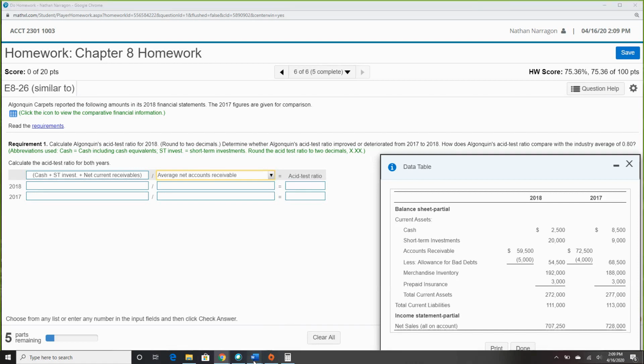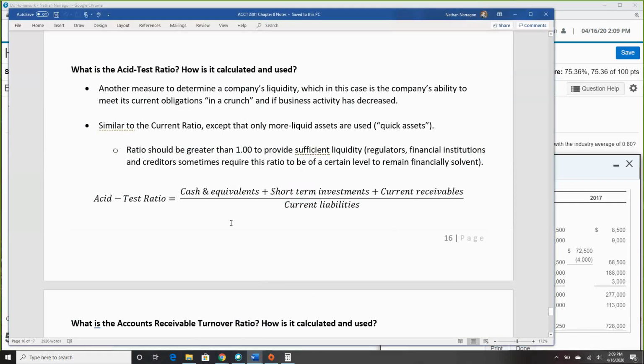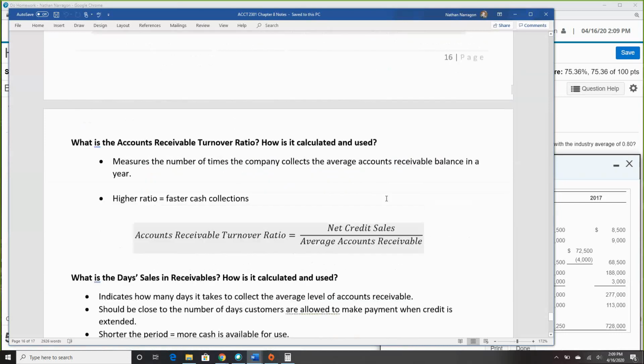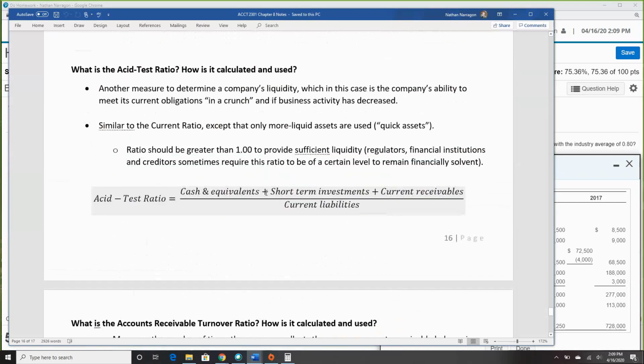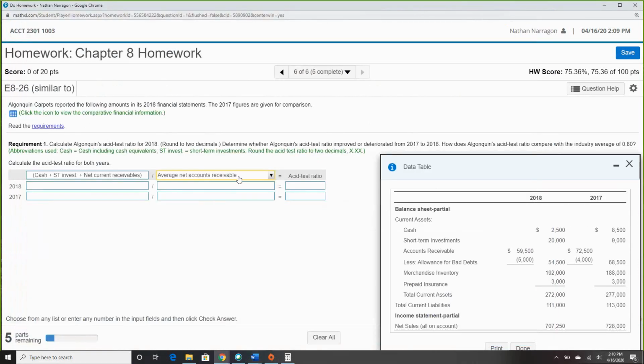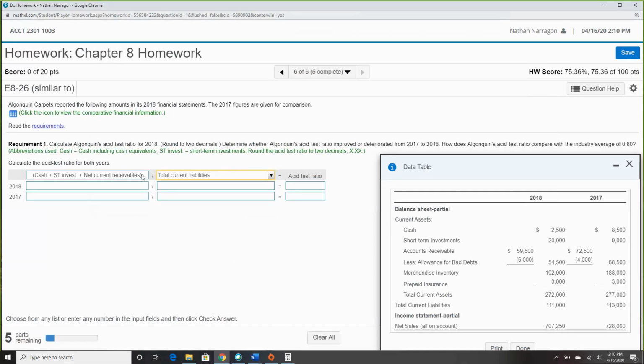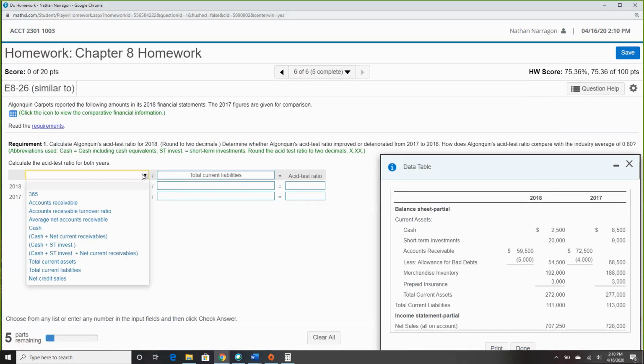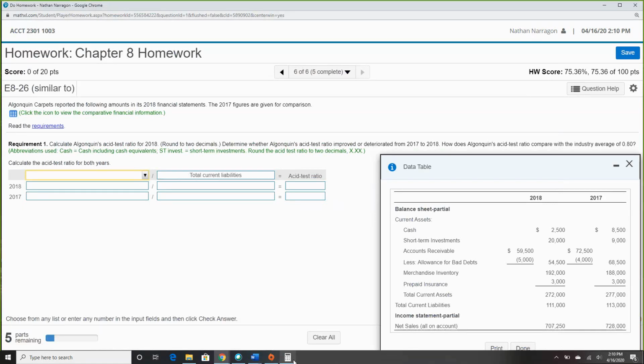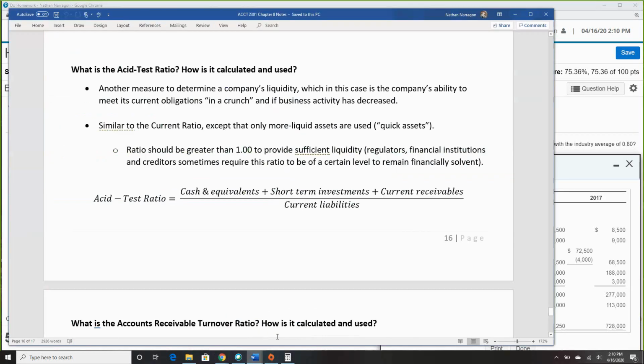If you ever need help with these formulas, remember, even I can't remember all of them, so always check the notes for the formulas. Yep, current receivables, short term, and cash equivalents.